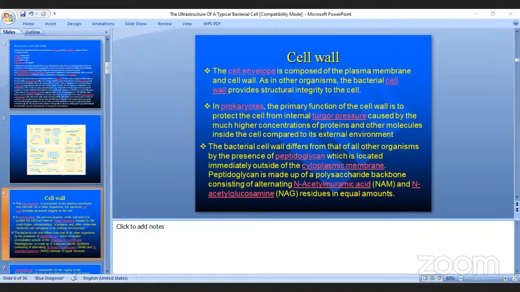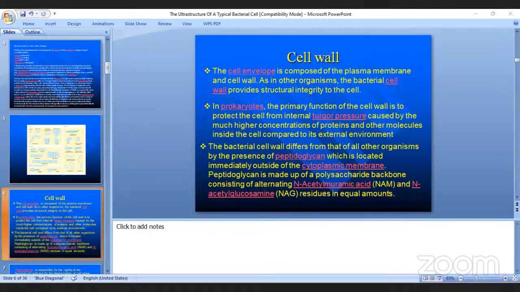Let's see the difference between them. In gram positive, the major chemical is peptidoglycan, which contains polysaccharide and muramic acid, and it is very thick. In gram negative, the peptidoglycan is a very thin layer, followed by a membrane. This is the major difference between gram positive and gram negative bacteria.